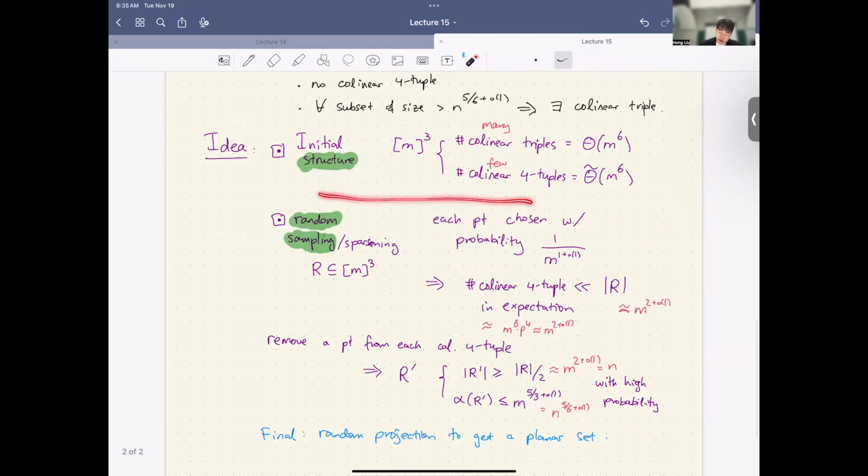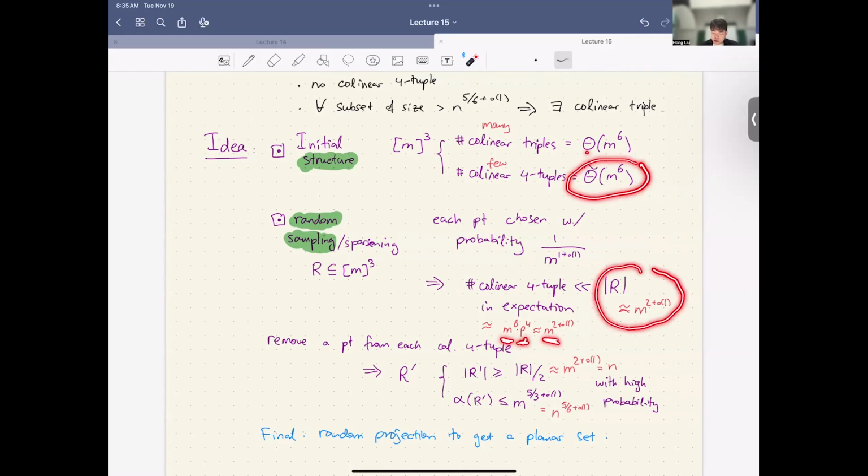Then at the second stage, after we have this good structure, we do random sampling to get a random subset R of this discrete cube with probability roughly 1/m. Then we will see that the collinear 4 tuples, initially it's like m to the 6, times p to the 4, that's the expected number that survive, is roughly m squared. And the number of points that survive is also roughly m squared.